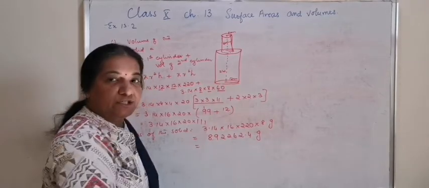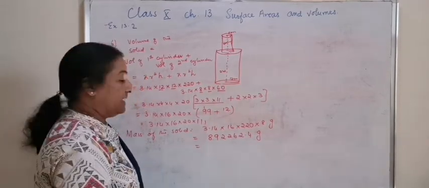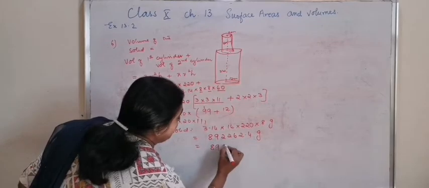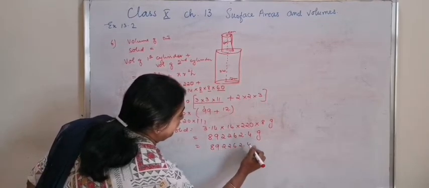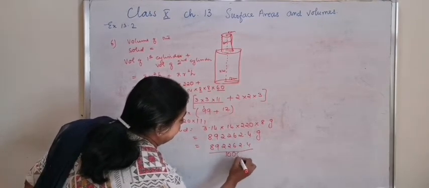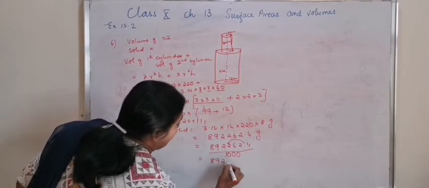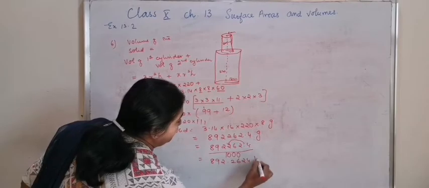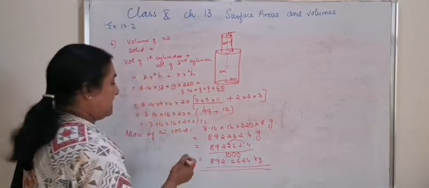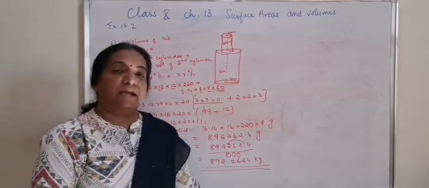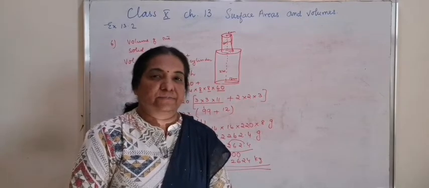If you have to convert into kilogram, you have to divide by 1000, shifting the decimal place by 3 places, which gives 892.2624 kilogram. I have done the simplification. You can multiply and check your answer.